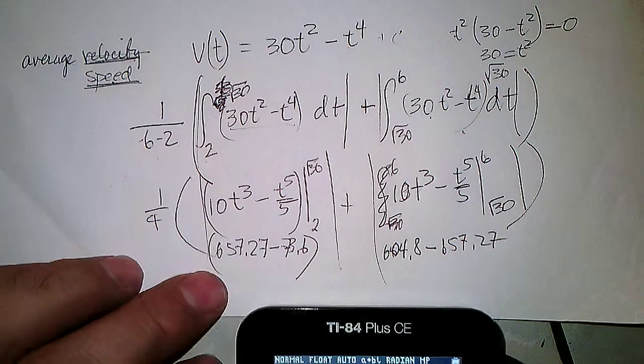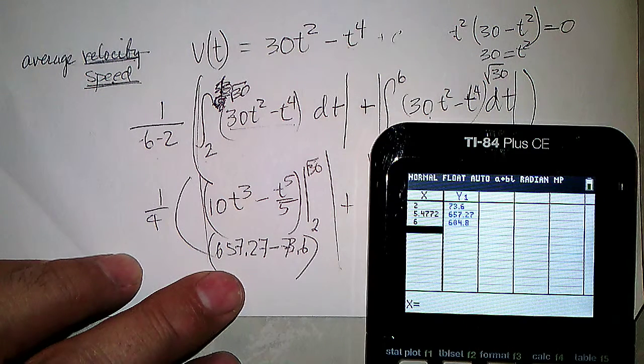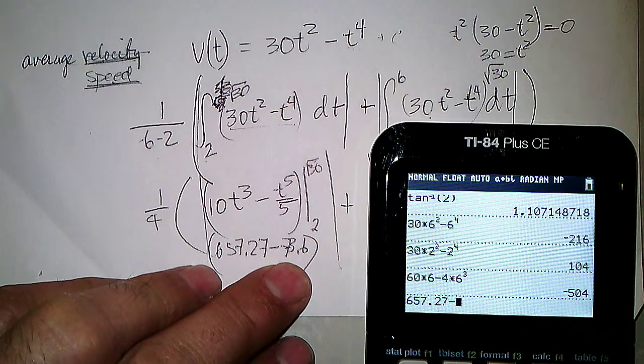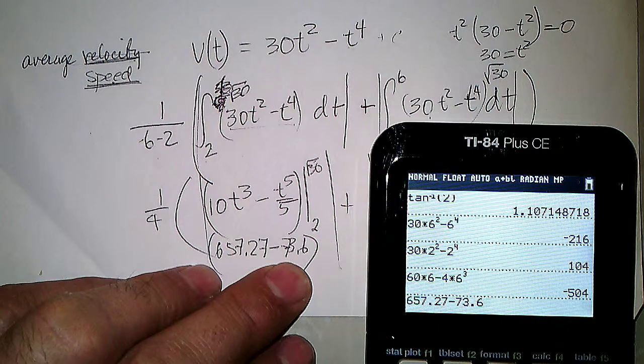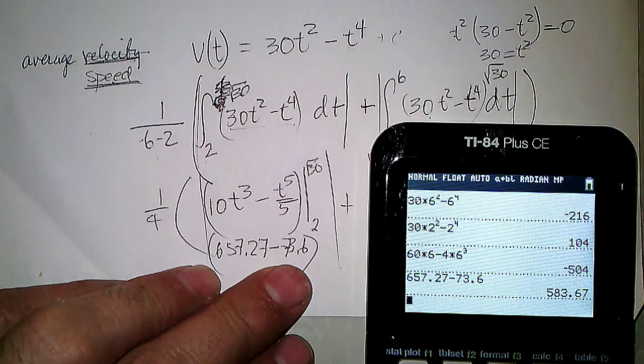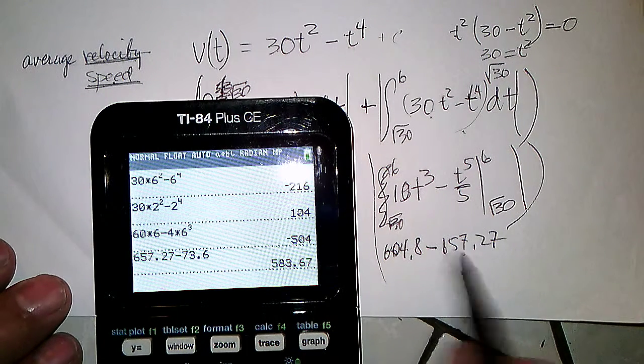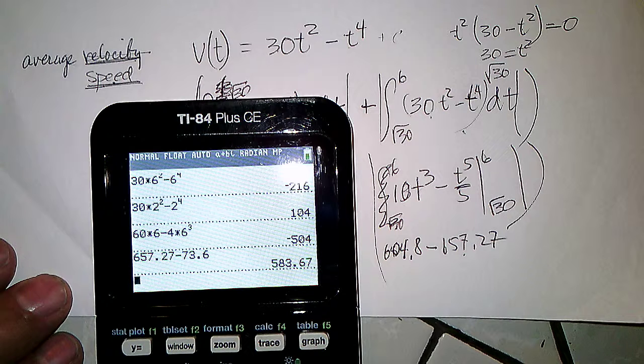So from this one, I get 657.27 minus 73.6, 583.67, and to that I want to add the other one in positive, so I want to subtract them the opposite way, so I'm going to go plus parentheses 657.27 minus 604.8, close parenthesis.